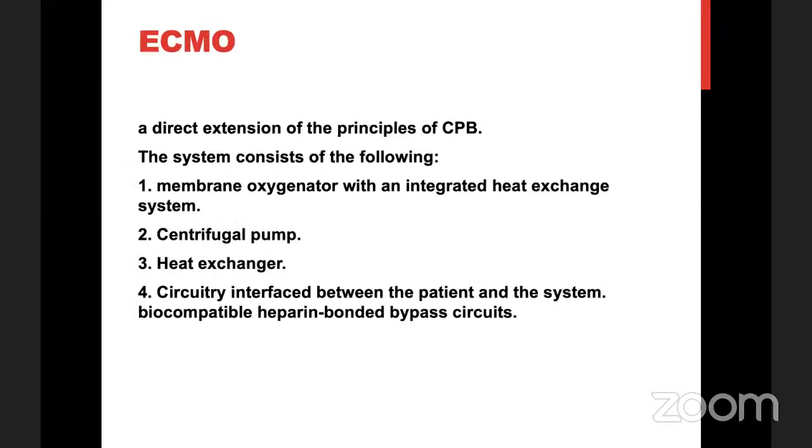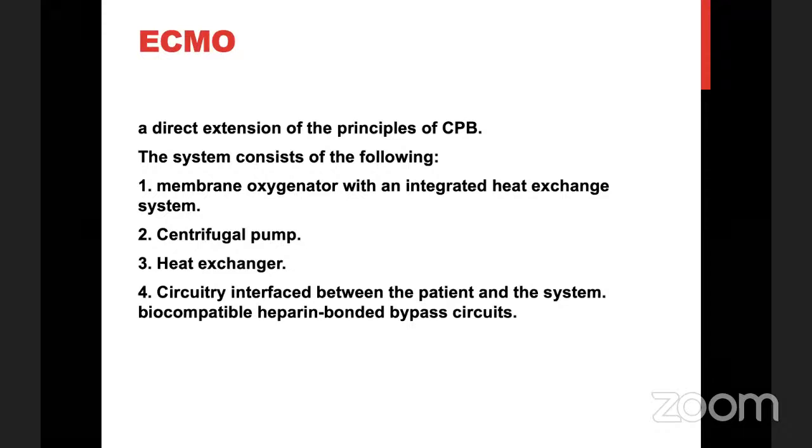So ECMO is a direct extension of the principle of the bypass machine. The system consists of the following: a membrane oxygenator with integrated heat exchange system, centrifugal pump, heat exchanger, and circuitry interfaced between the patient and the system.